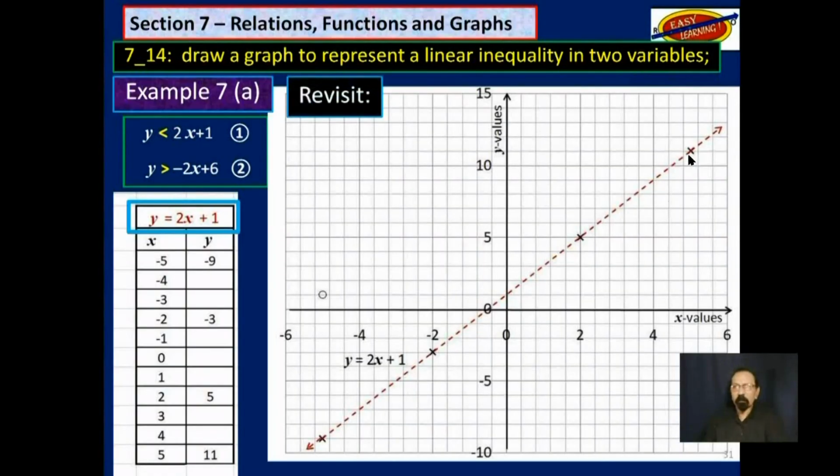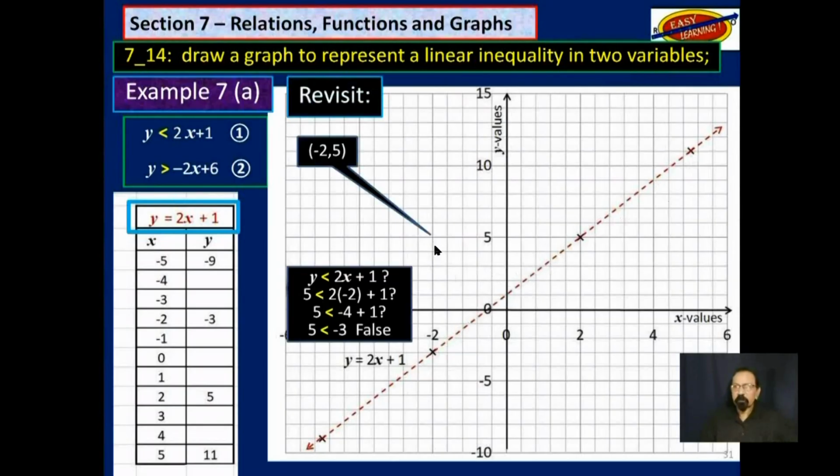So we corrected that matter of the line. Now, how do we decide which side to shade? We choose two test points. If we choose this point over here, which is -2, 5, and substitute it in this first inequality here, it says 5 is less than -3. That obviously is false.